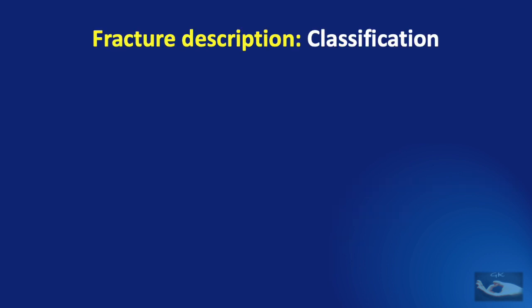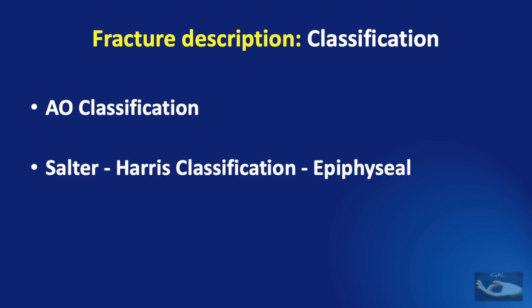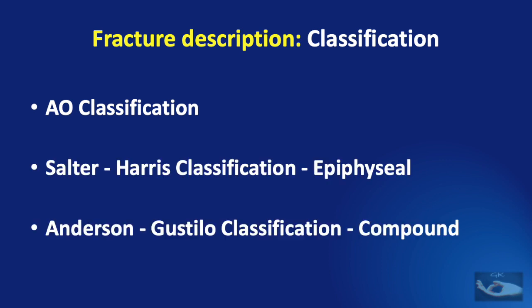Even though we have learnt how to describe the fracture in great detail, there are existing classification systems for fractures. The 3 most widely used classification systems are the AO classification, the Salter-Harris classification for epiphyseal fractures, and the Gustilo-Anderson classification for compound fractures.